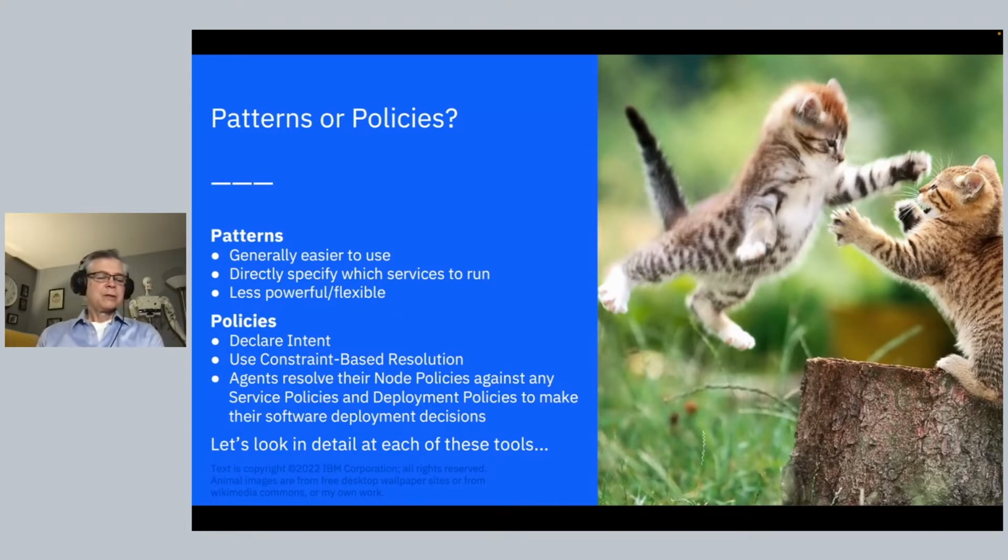With policies, you just declare your intent, and it uses a constraint-based resolution mechanism, and the agents resolve their node policies against any service policies that are attached to your services and any deployment policies. And the three of those together make their software deployment decisions. Now, let's look at each of these tools in a little bit more detail.